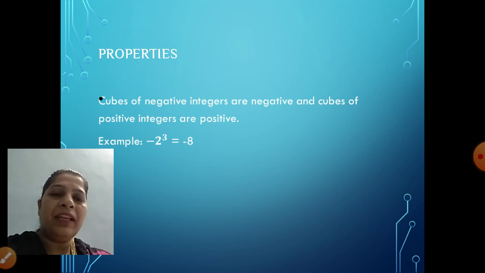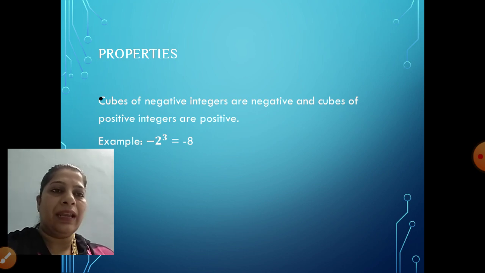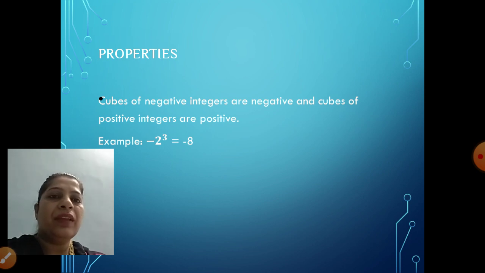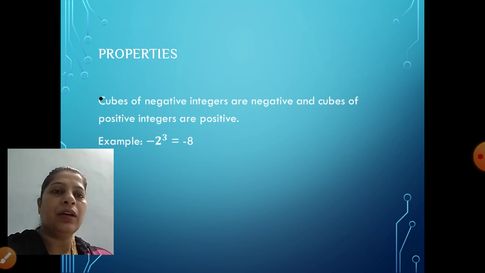When we multiply 3 negatives, 5 negatives or 7 negatives, our answer will be a negative integer. In the same way, cubes of negative integers are negative and cubes of positive integers are positive. Look at the example: the cube of minus 2 is a cube of a negative integer, so your answer will also be a negative number, that is minus 8.